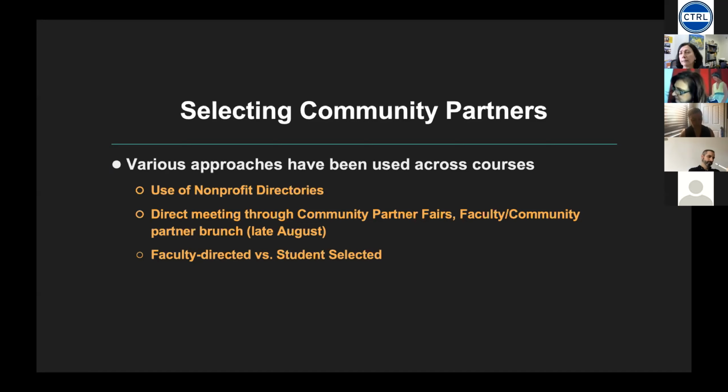If you said, I'm teaching this course, please make sure you have partners working in environmental sciences, we'd make sure you had people there you could talk to in person. And then in January, we do more of an on-campus fair. So we do a lot to create those bonds in different ways.